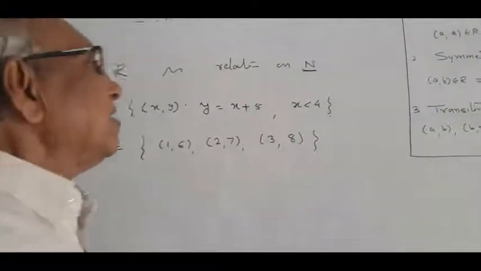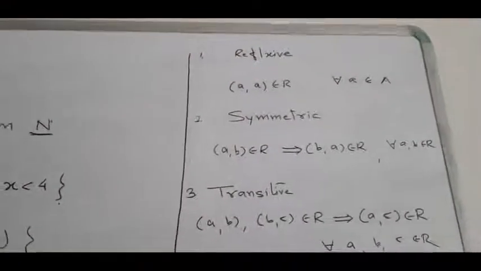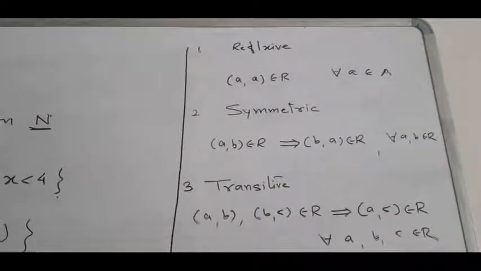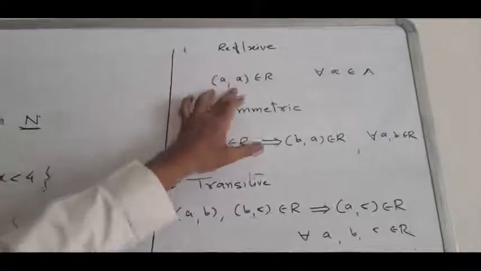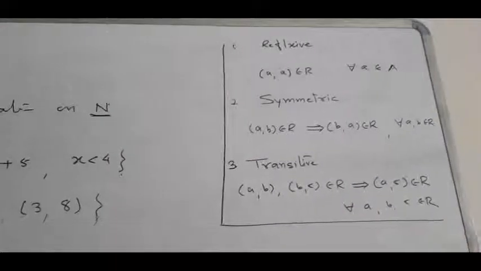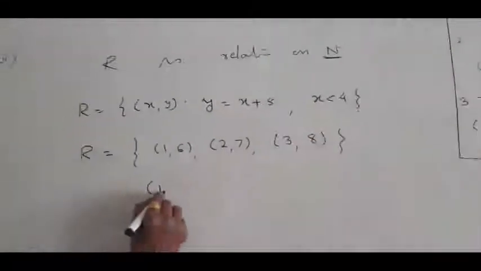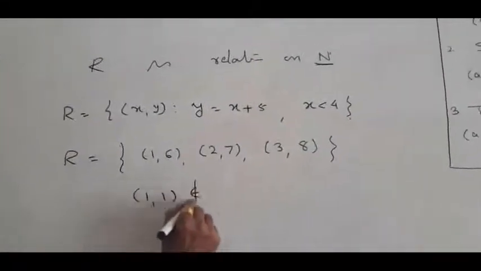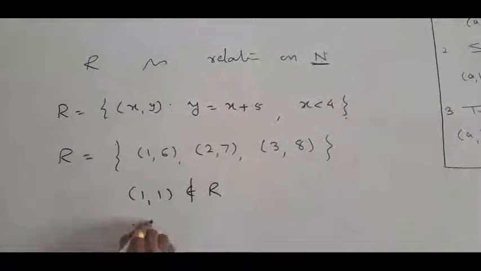Now, when a relation is reflexive, for every a belonging to capital A, the ordered pair (a, a) should belong to R. Here, 1 belongs to capital N and (1, 1) does not belong to R. Therefore, R is not reflexive.